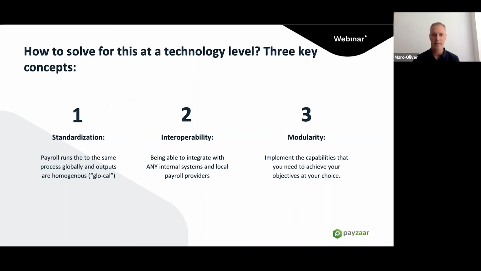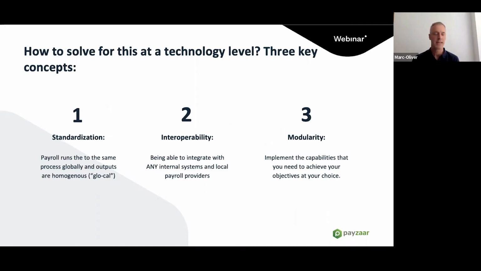If you have a well-oiled, well-running local payroll process, most payroll professionals don't want to mess with that, right? And why should they? But the point then is, if we want to bring more standardization and automation into this local environment, how can we do that? By bringing the technology and the harmonization, layering that on top of what already exists. And that requires interoperability, right?